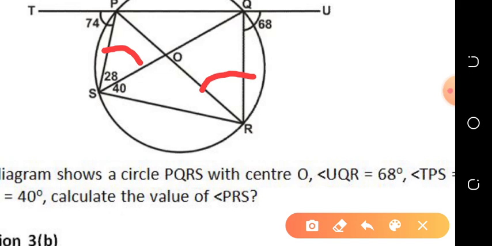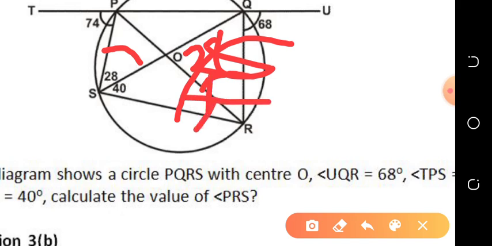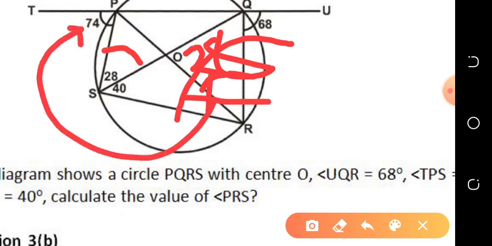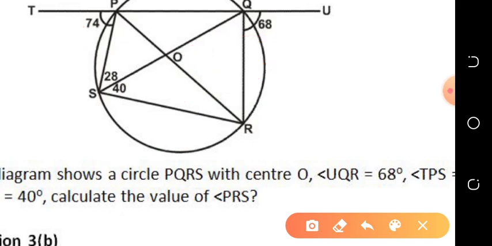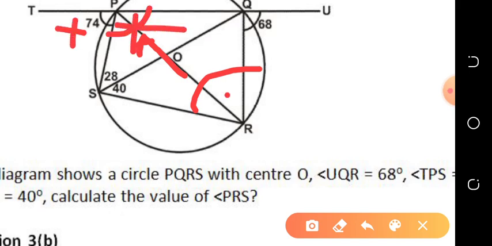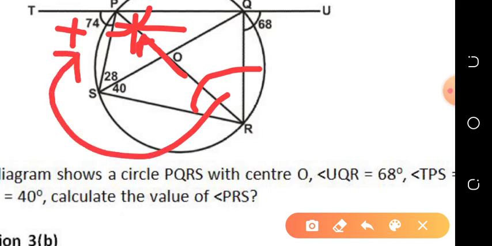So if this part is 28, for example, what is the whole of this? The whole of this angle here is the same as this exterior angle, 74, because the interior angle is equal to its opposite exterior angle. The whole of this angle here is opposite to this angle here, and the exterior of this angle is this 74, so it is equal to that.